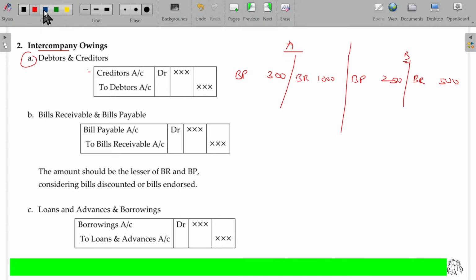Is that okay? Now A says this BR includes the amount recoverable from B being 100. For A, B being the payer should pay at a later period. Until that period, it's a part of BR. In case of B, amount payable to A being included here, right? Isn't it? What about this value?